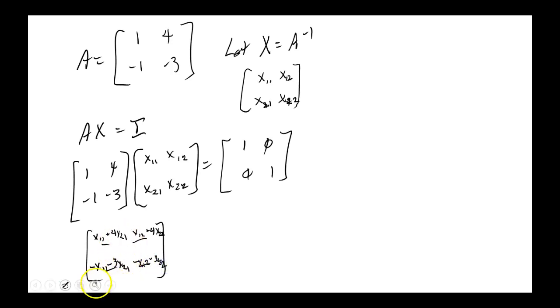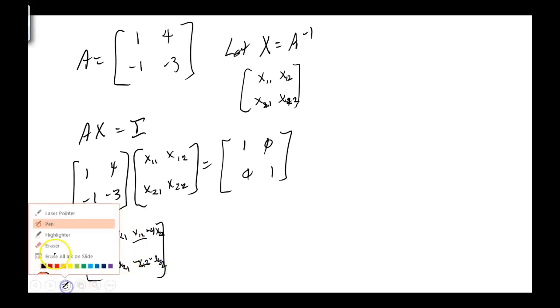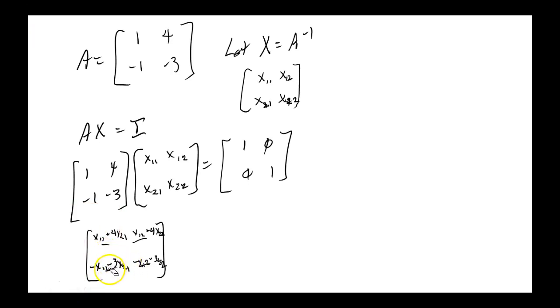Okay. My minus sign went all over the place. Whoa, no, that wasn't my minus sign. That was the bar that I was writing on, so it's okay. Still all over the place. And that has to be equal to 1, 0, 0, 1.